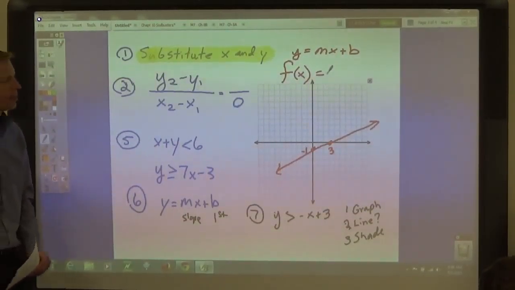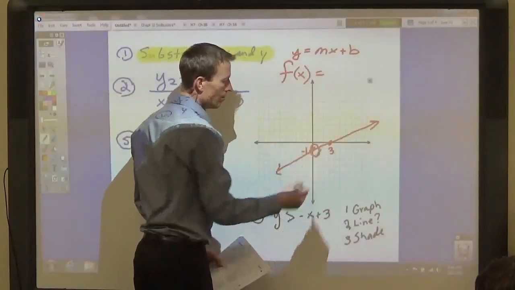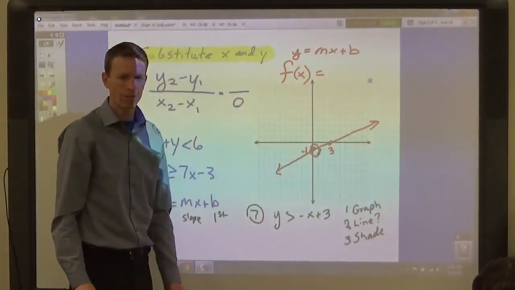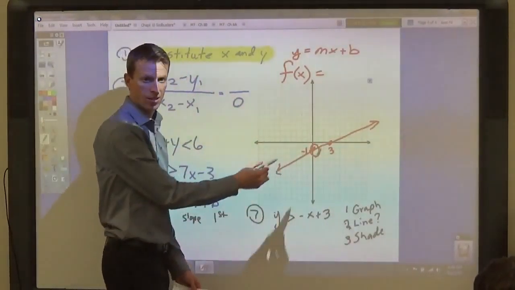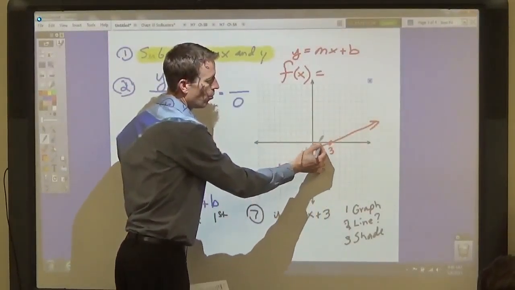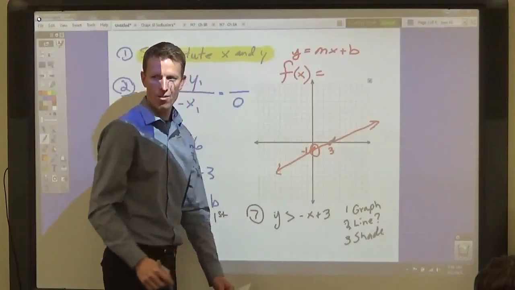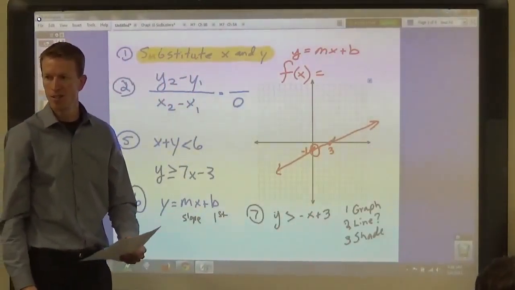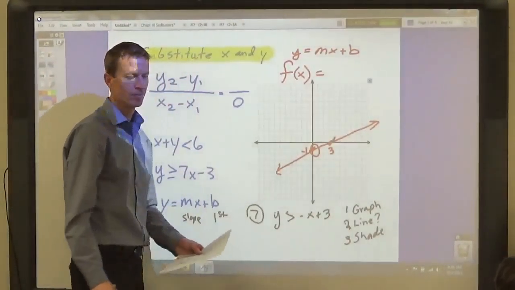What is b in this? And what is the slope from there? Up 1, up 1 over 1/3. Yep. 1/3.